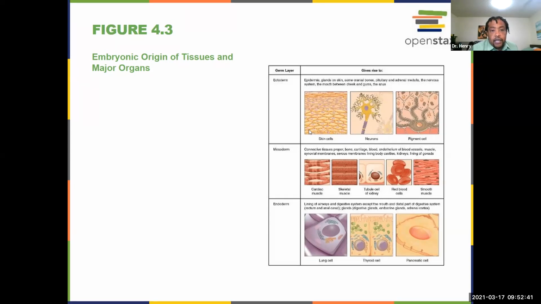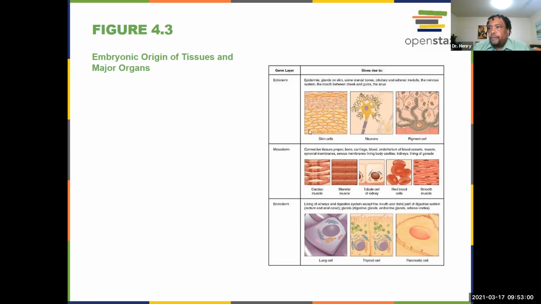The endoderm, endo meaning inner, ecto kind of meaning outer, you know. So those guys are going to give us our lung, our thyroid, or like our gland tissues, our pancreatic cells, stuff like that. Okay.